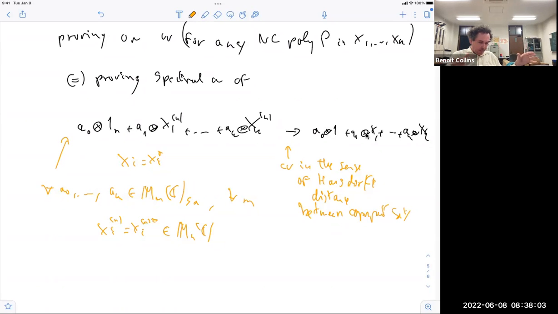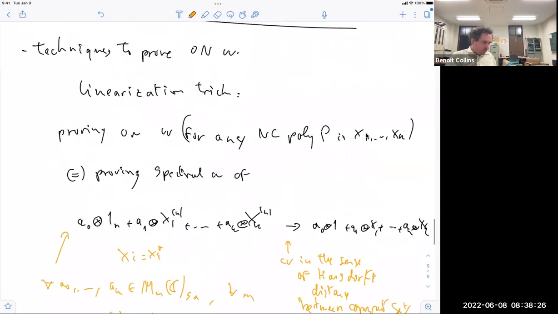It is the minimal amount of enlargement that I need for one to be contained in the other, and conversely. That's the Hausdorff distance, and we want this Hausdorff distance to tend to 0.